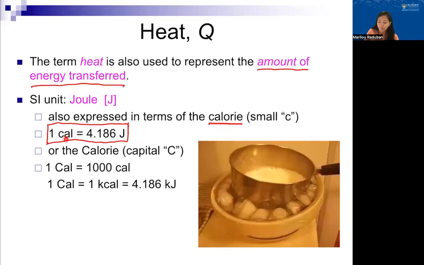1 calorie, notice there's a small letter c for this calorie. 1 calorie is equal to 4.186 joules. Okay. The calories that we'll see at the back of the food packets have this capital letter C. And if you see calories with a capital letter C, it means 1,000 calories with a small letter c.